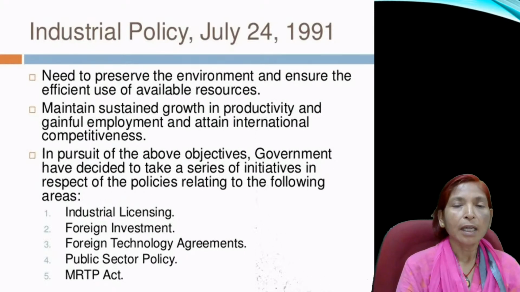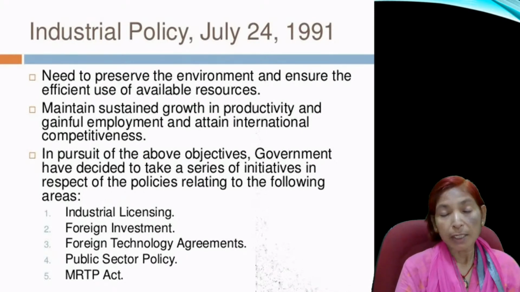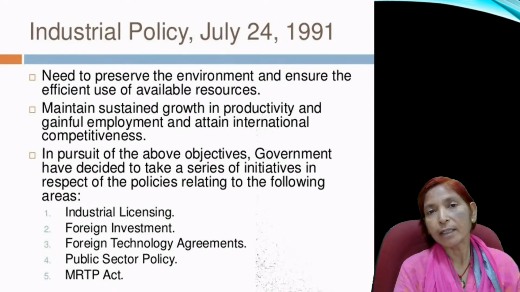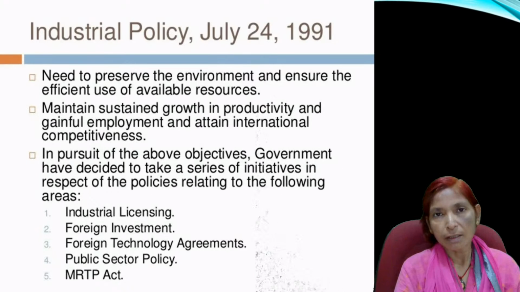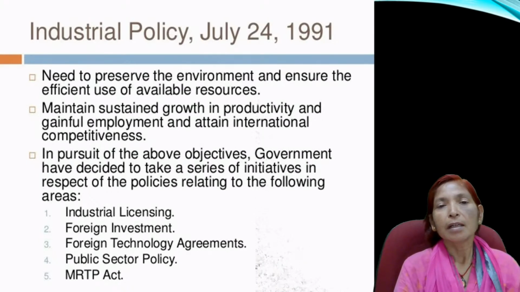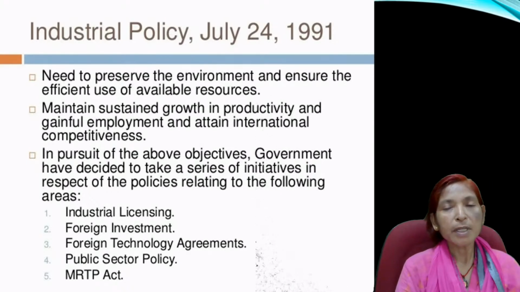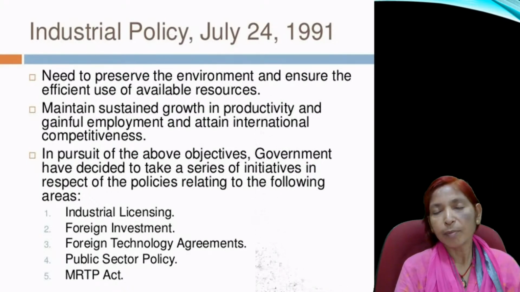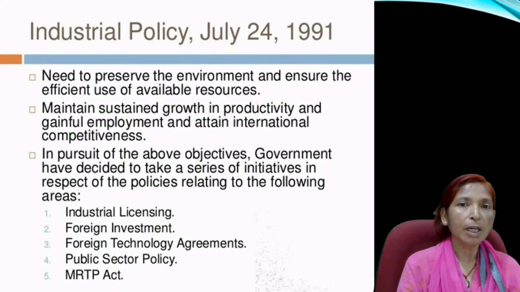Foreign investment. In previous policies, 40% foreign direct investment was permitted. But in this industrial policy of 1991, 51% FDI is permitted. For some industries this limit is 74%, and for the rest, 100% FDI is permitted through the automatic route without taking any permission from the government.